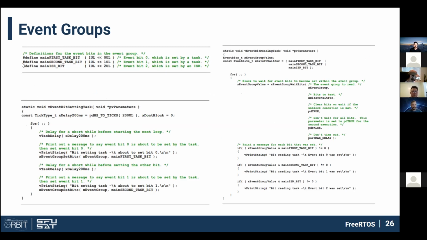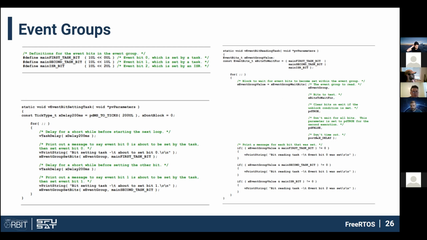You define these masks that signify what the bits in the event group actually mean. You have this task that delays a little bit and sets the event group bits rather. And then you have a task that blocks and waits for these events to occur.